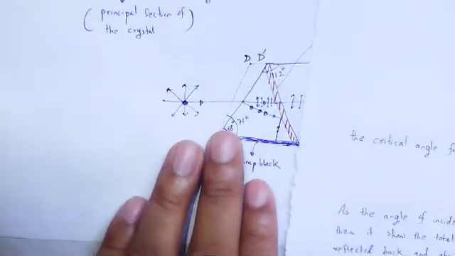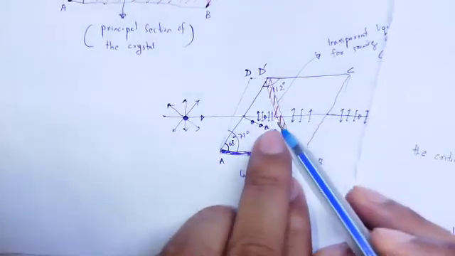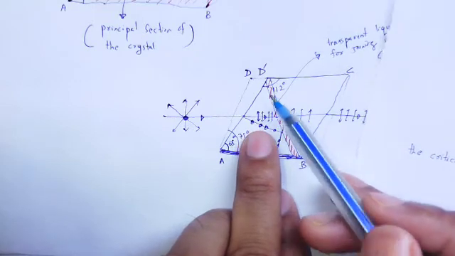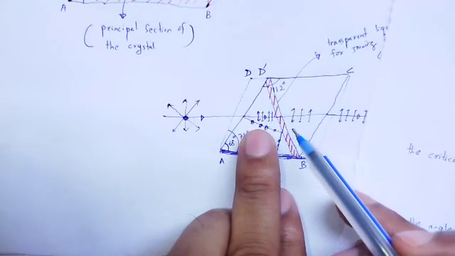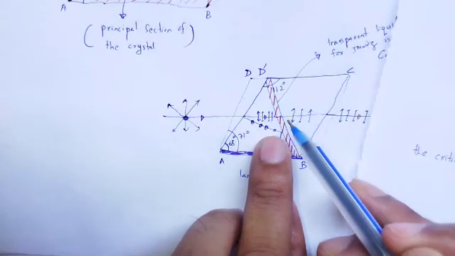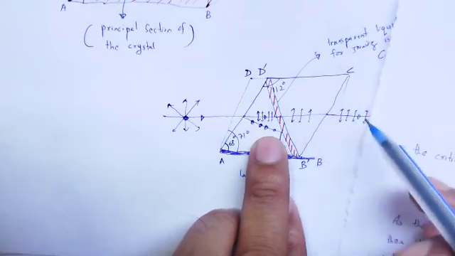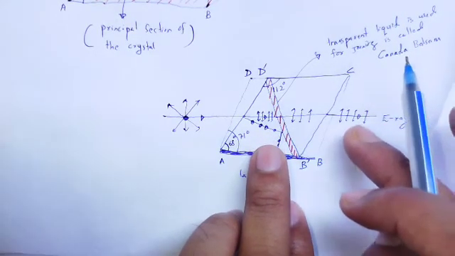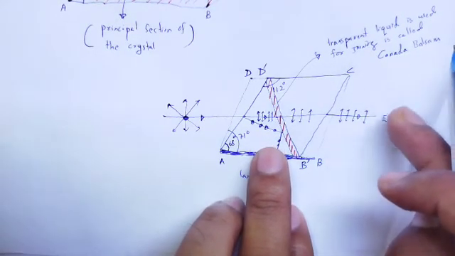Next, the E ray is rarer as compared to the Canada balsam. So that ray passes through the Nicol prism, and finally we obtain the plane polarized light in the form of the E ray.